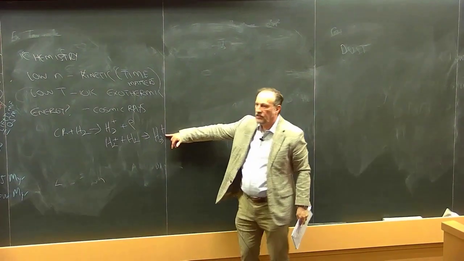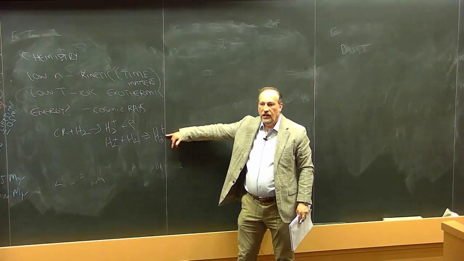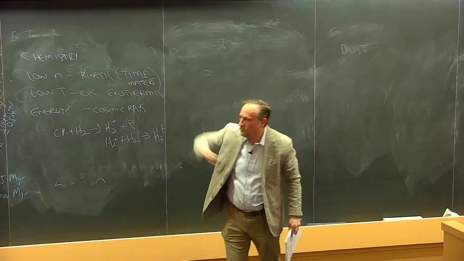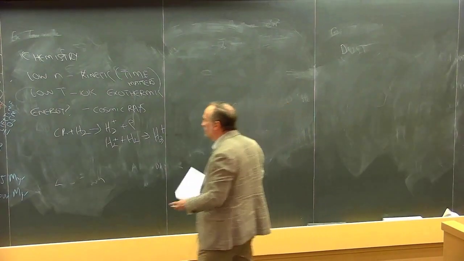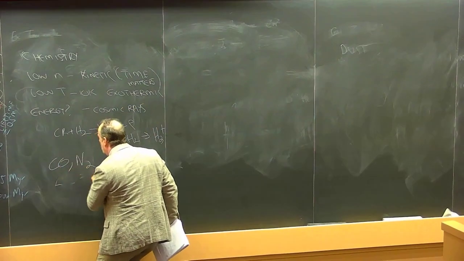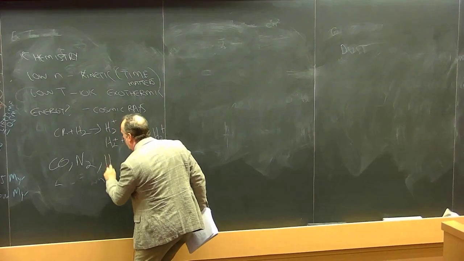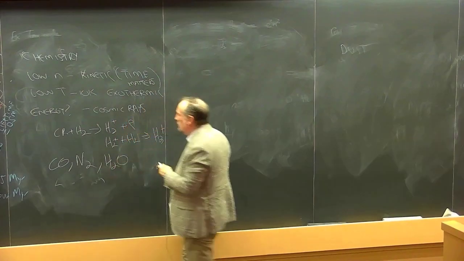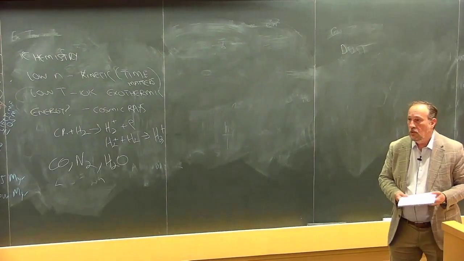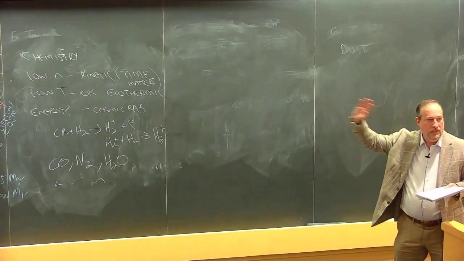That doesn't react with H2, and that spreads the energy around and makes the chemistry that is observed in these objects. And so we make CO, you can make N2, you can make water. All right. So I'm making molecules in the gas.